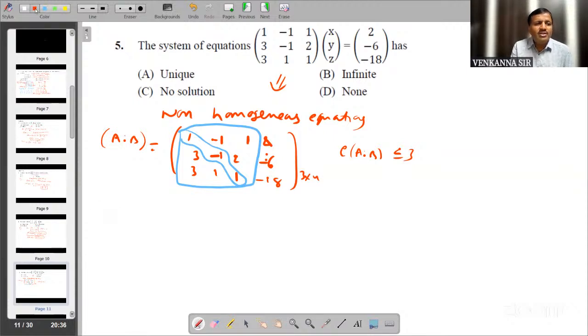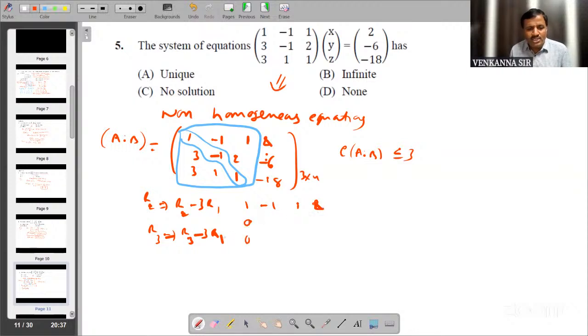R2 becomes R2 minus 3R1, and R3 becomes R3 minus 3R1. With that, it changes to: first row 1 minus 1 1 2 as it is. These two entries become zeros with these operations.